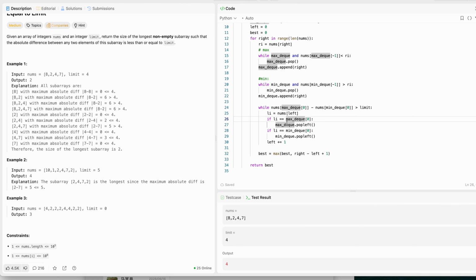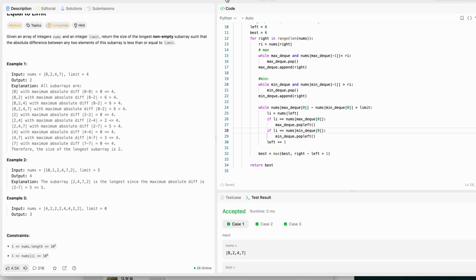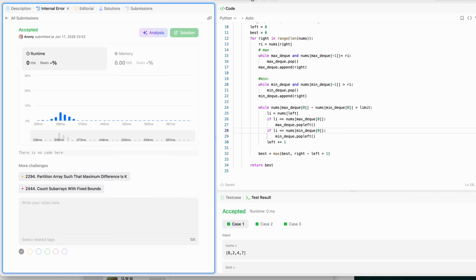I should also compare this with the value itself rather than the index. Quickly fix this. Okay, this time it could work. Okay, awesome, works.